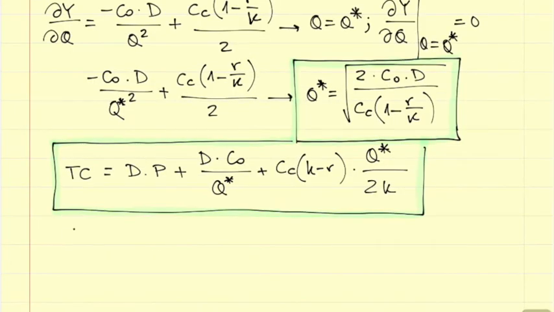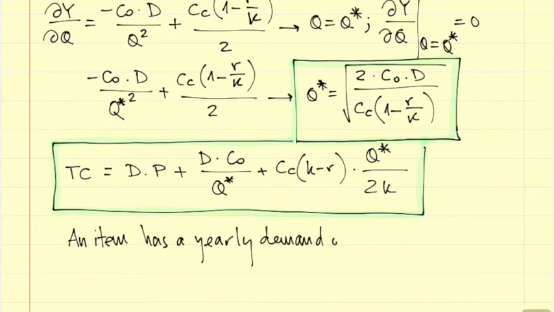An item has a yearly demand of 2,000 units.